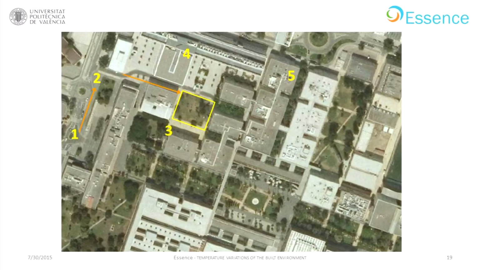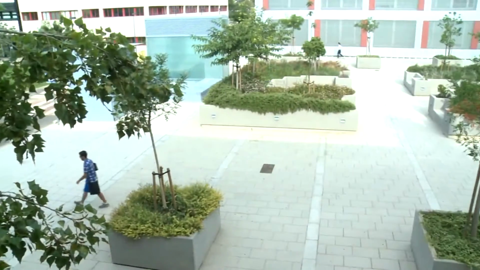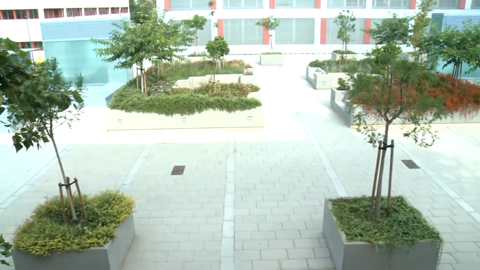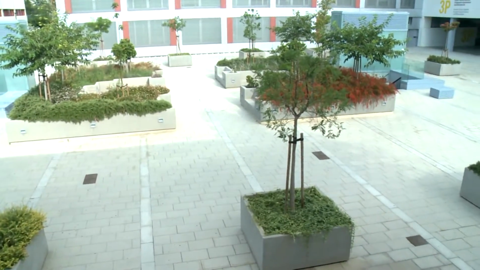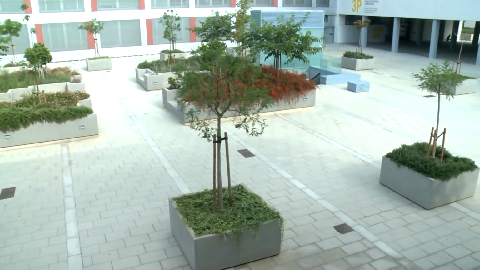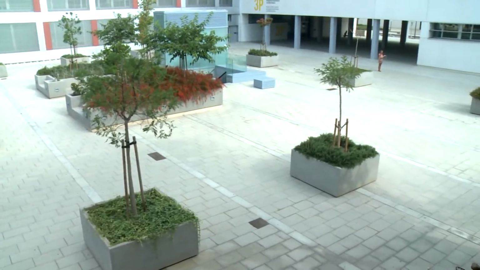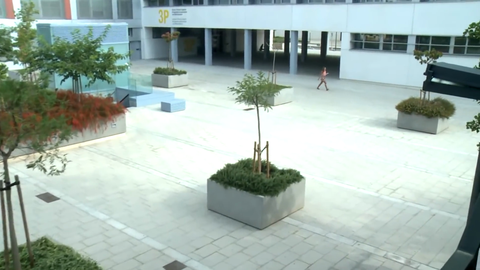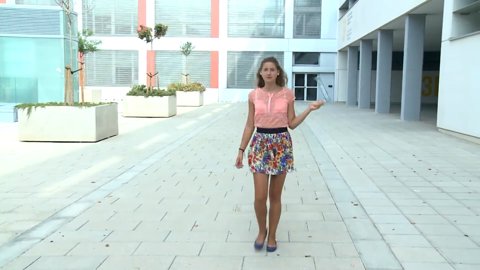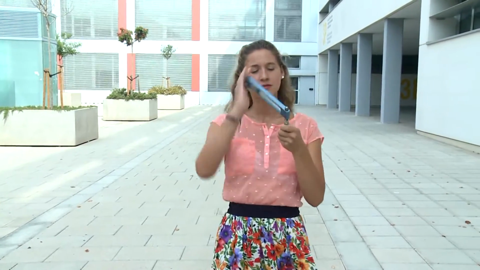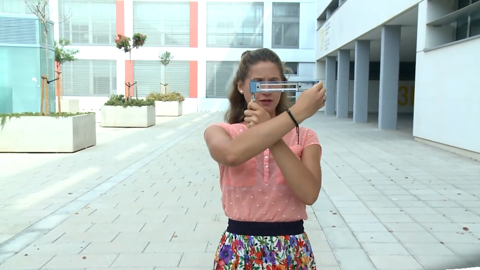The fourth sample point is at the northern area. It is an impervious area with a regular set of small trees planted in concrete containers. The presence of the impervious area and the absence of trees can be an effect on temperature values.